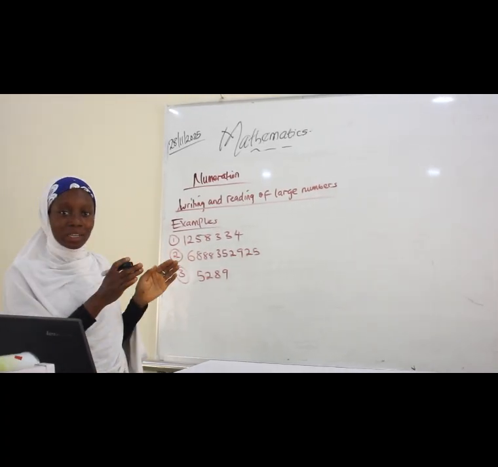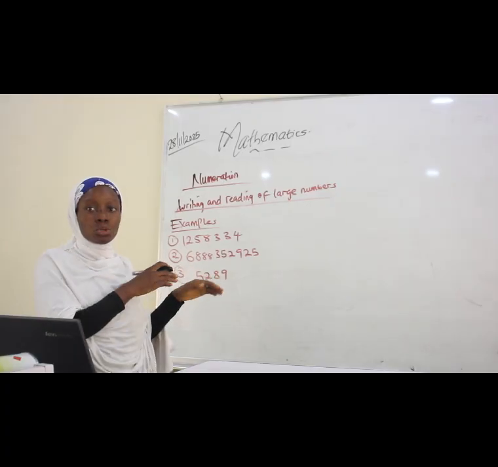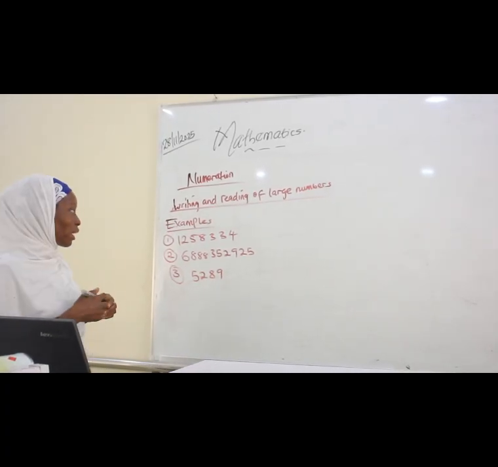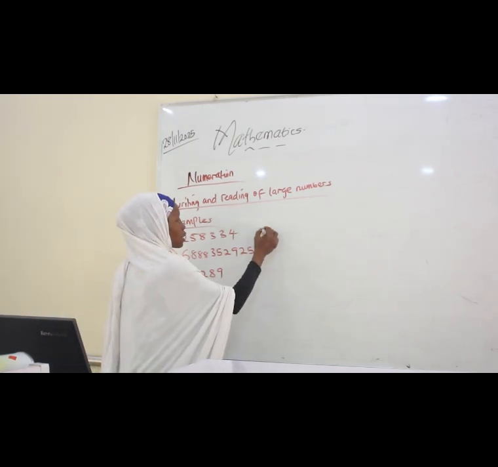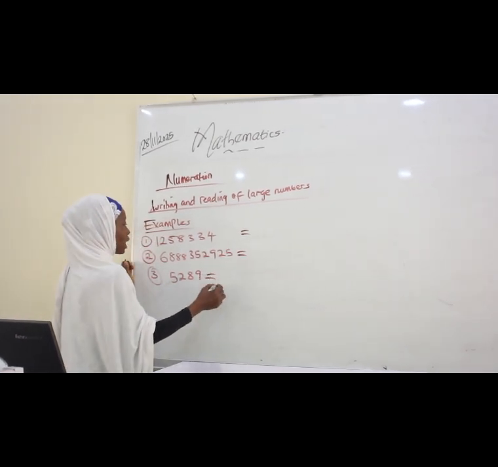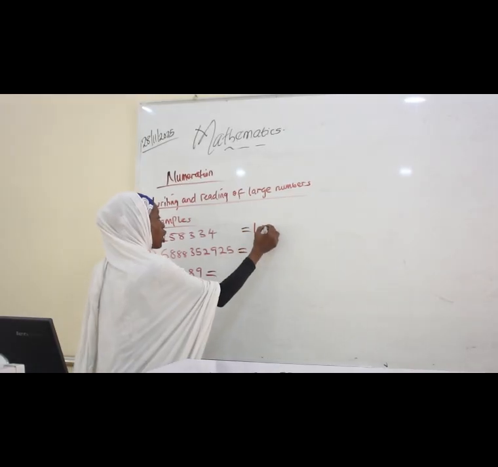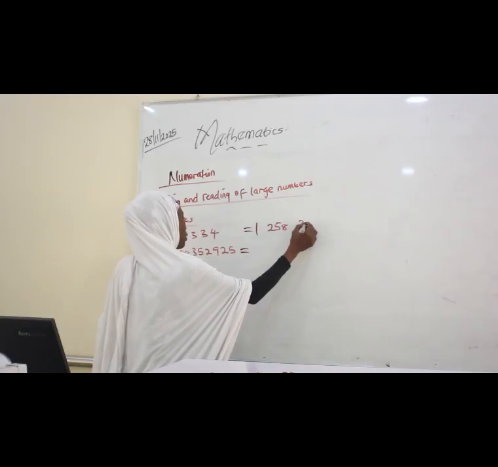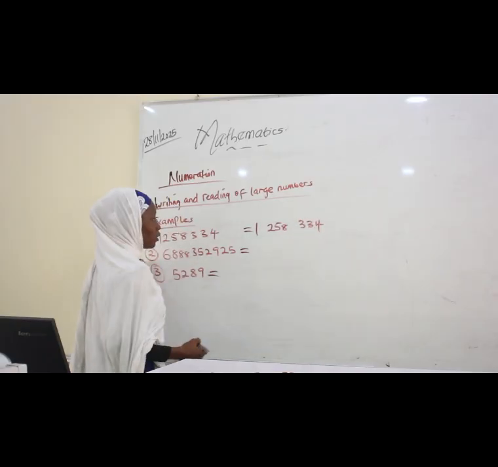No. You have to group these numbers into 3 so that you'll be able to read and write correctly. If you group these numbers correctly, this is what you are going to have: 1, 2, 5, 8, then 3, 3, 4.